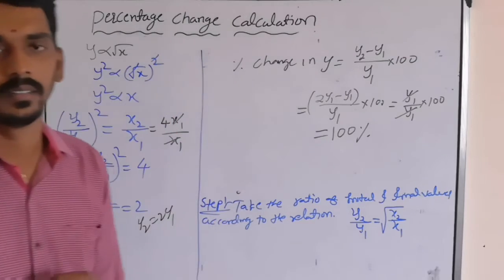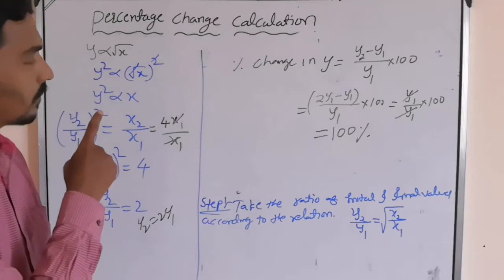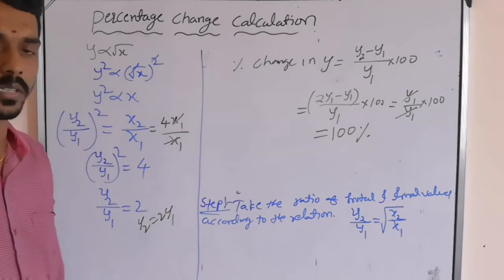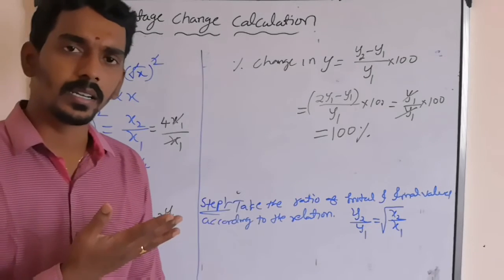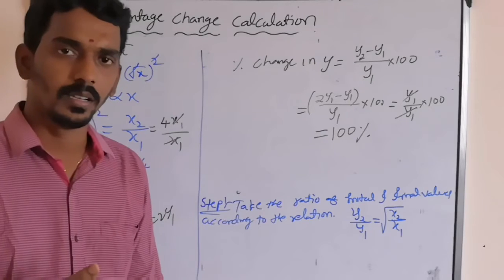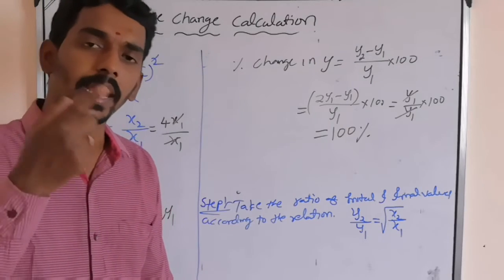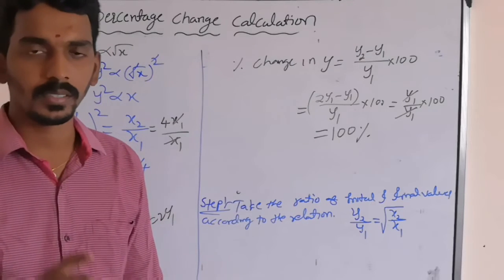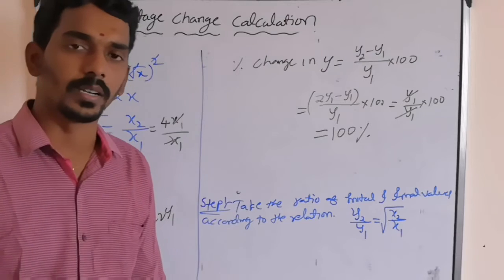Then take the relation from the physics in this manner, proportionality. Then take sets of values, initial set and final set. Then they will give the percentage change for any one quantity, and then they will ask you for the other quantity.